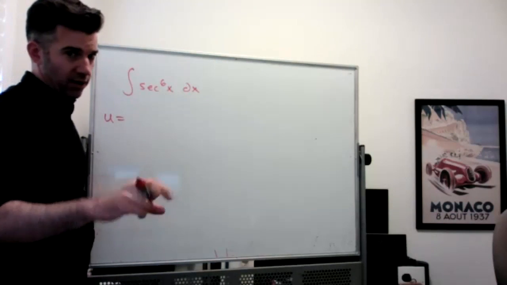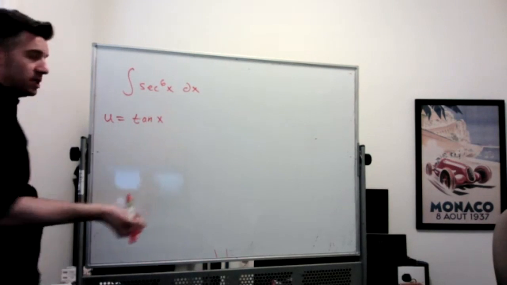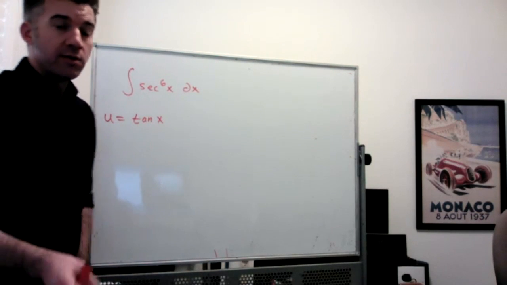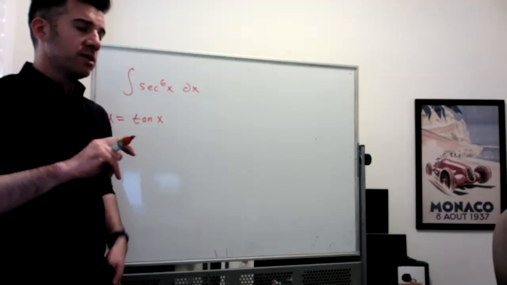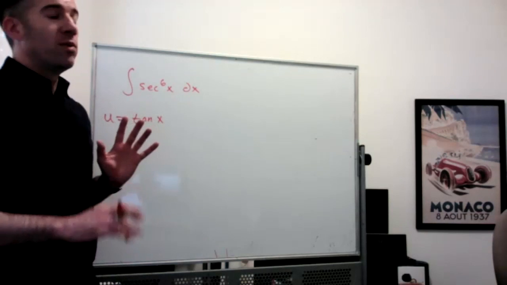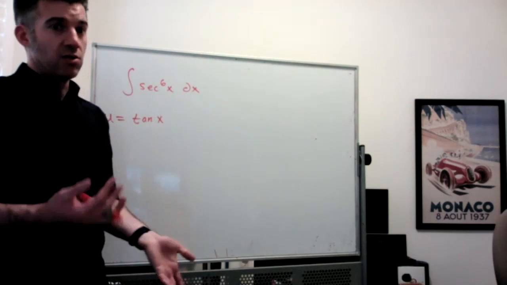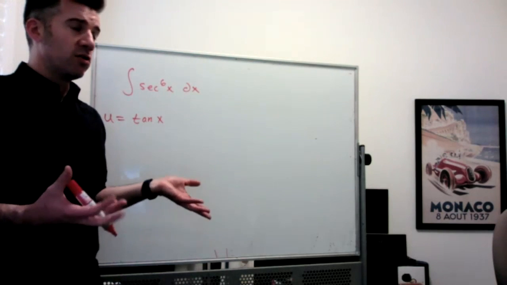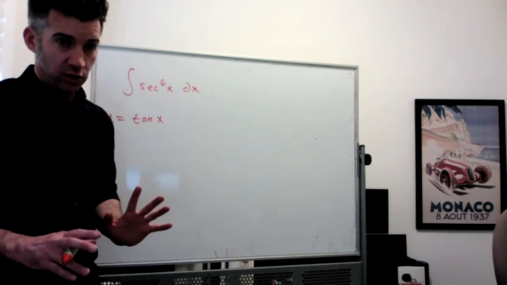Simpler, but you're on the right track. Simpler. Just tangent. So when you're doing specifically trig functions, you almost never want to let u be a power of a trig function. You want it to just be the trig function.